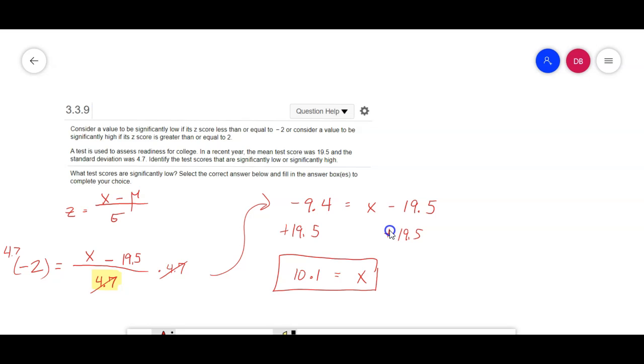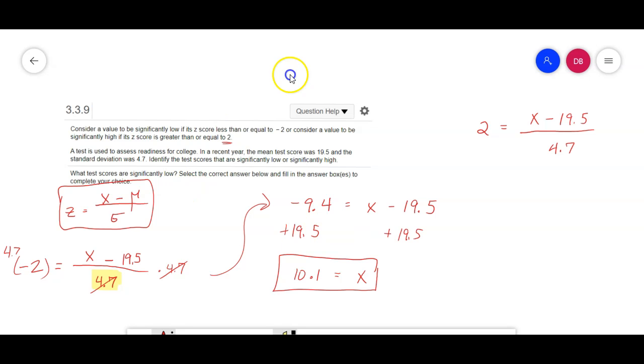Now, the other side would say the z-score is greater than or equal to 2. So again, I'm taking this formula and changing z to +2. X minus the mean is still x minus 19.5, and I'm dividing by the standard deviation, which is still 4.7.